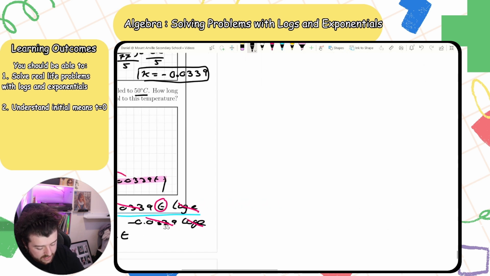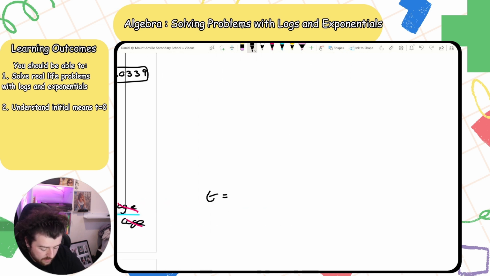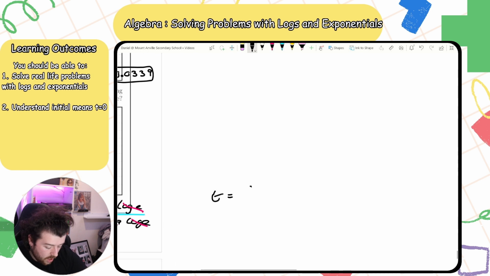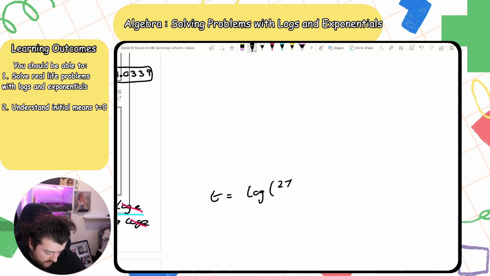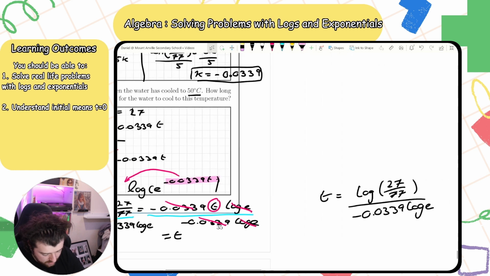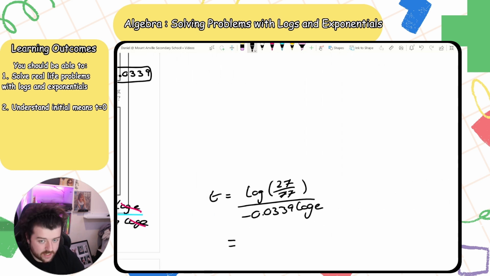Let me just rewrite that to be a bit neater. So t is going to be equal to log 27 over 77 all over minus 0.0339 log e. Put all of that into your calculator.